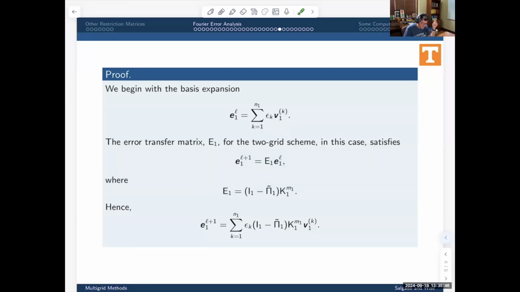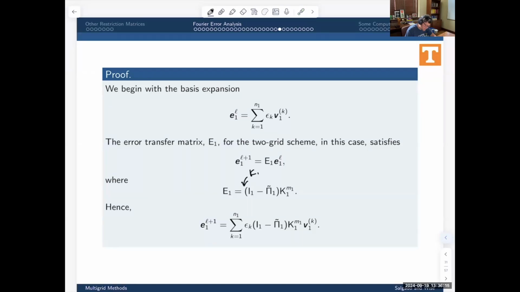All right, the error transfer matrix E1, which transfers error from iteration level L to L plus 1, is what we're calling E1. For the two-grid scheme, that's exactly equal to I minus pi 1 tilde times K1 M1. Now you might say, wasn't there a K over here as well?